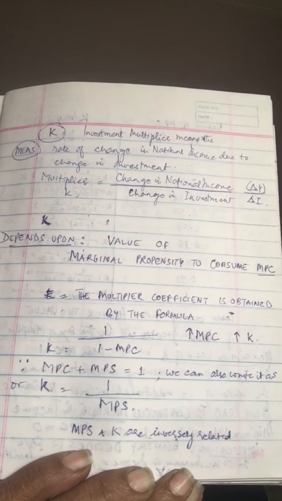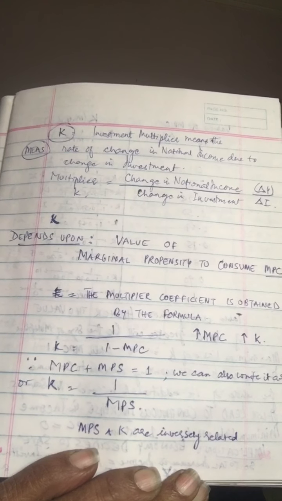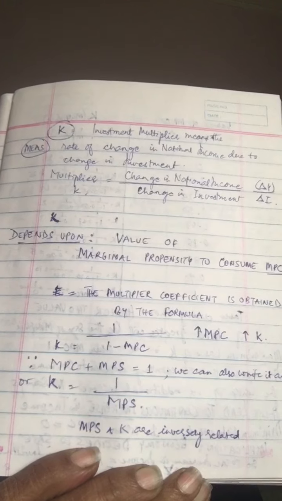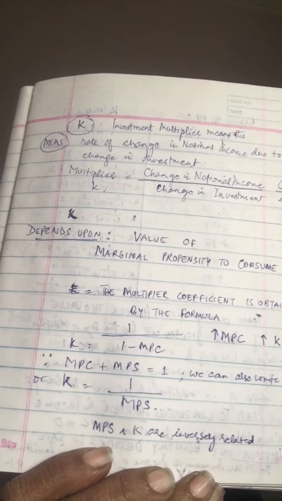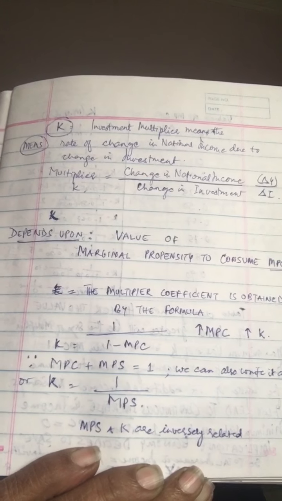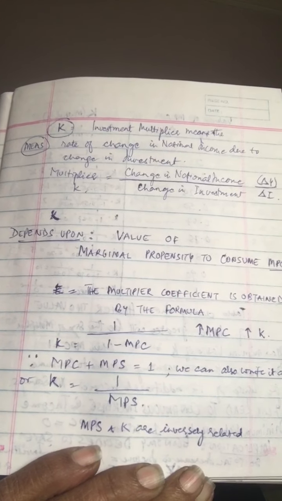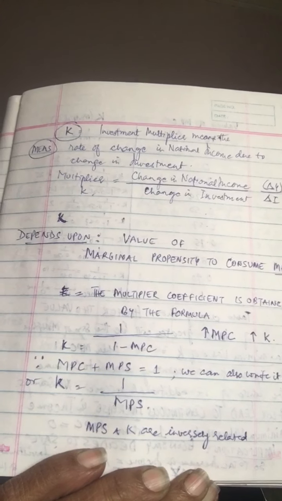K denotes multiplier, and MPC is marginal propensity to consume. Since we know that MPC plus MPS is equal to 1, we can write the multiplier also as K is equal to 1 upon MPS. And we see that multiplier and marginal propensity to consume are directly related, while MPS, that is marginal propensity to save, and multiplier are inversely related.